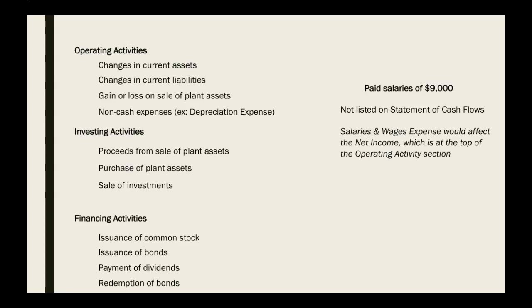So, you don't have to then make any sort of adjustments to your net income there. So your salaries and wages expense will not show up as an individual line item on your statement of cash flows. It would have just affected your net income originally.